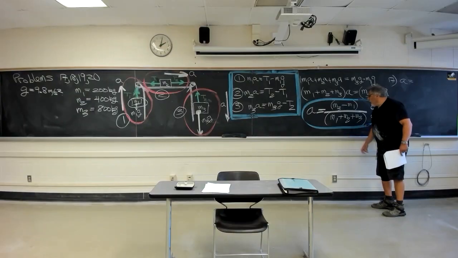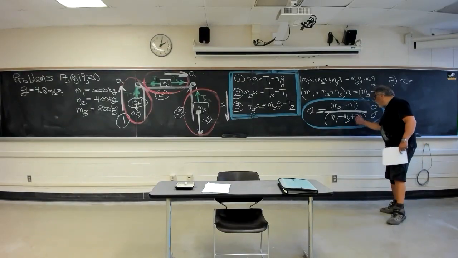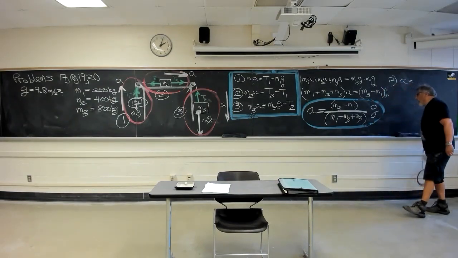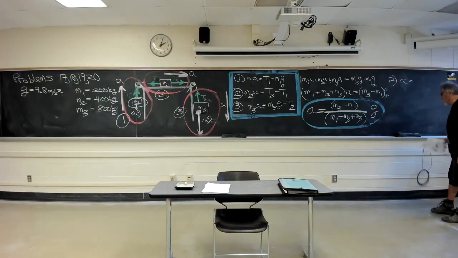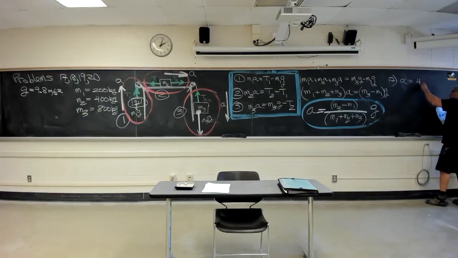This is 200 plus 400, which is 600, plus 800 is 1400. 600 divided by 1400 is 6 divided by 14, which is 3 divided by 7. 3/7 of 9.8 will get you there. And the answer for this is 4.2 meters per second squared.